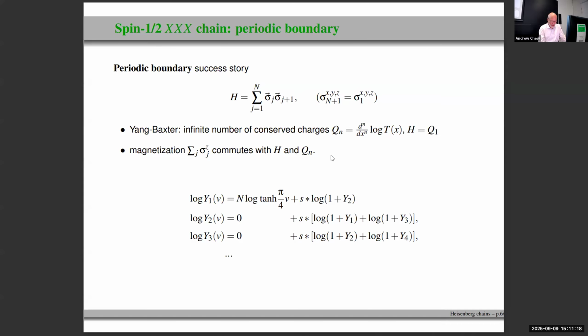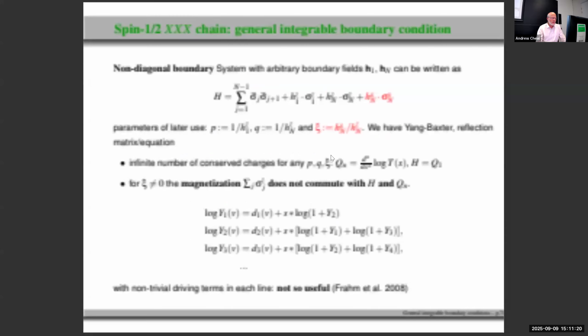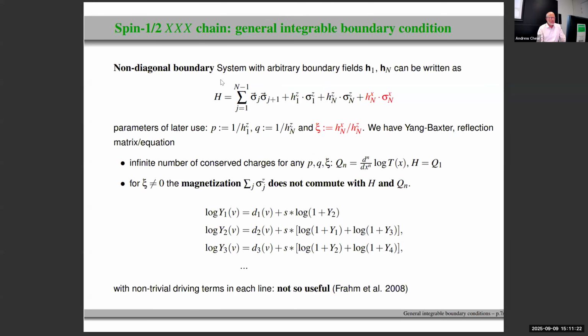And we want to open the chain. Here we look at the same bulk interaction, and we introduce boundary fields. Due to the SU(2) symmetry of the system, we can always assume that on the first side, the field vector h1 is just pointing in the z direction.